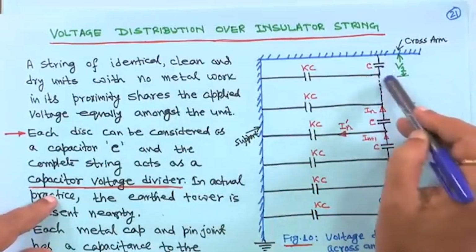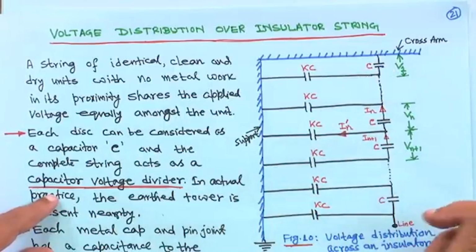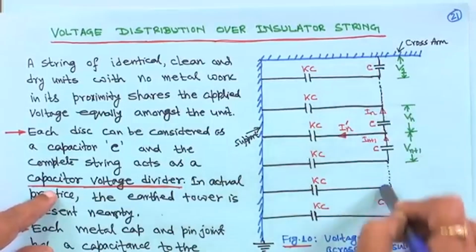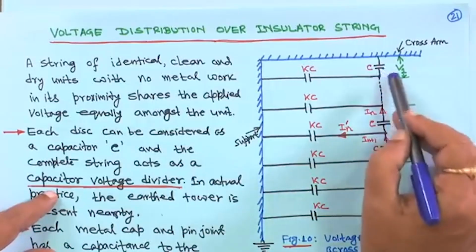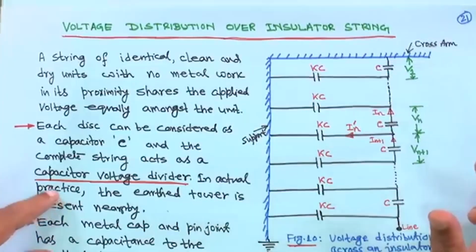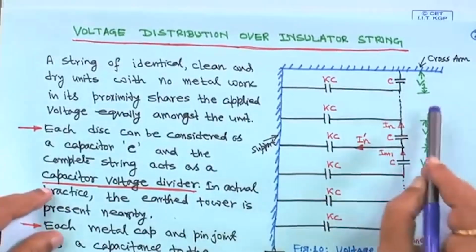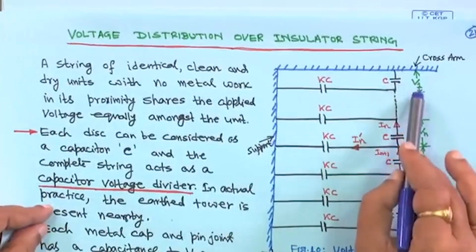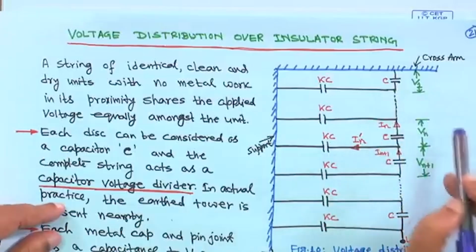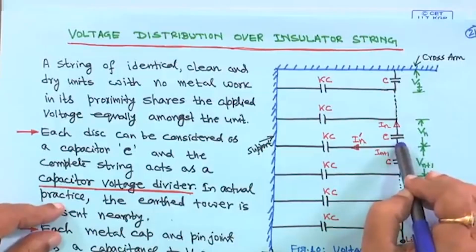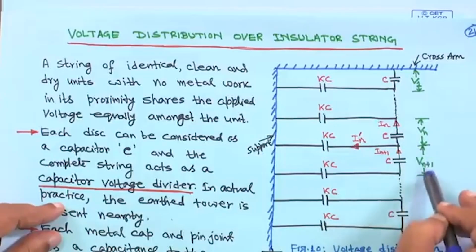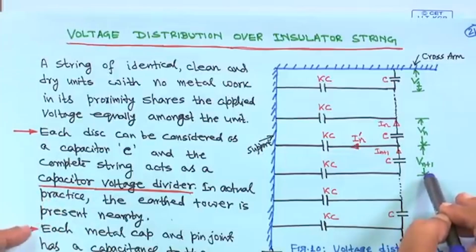Suppose you have n number of pieces in one string, each represented by equal shunt capacitance C. The voltage across the first is V1, then V2, then V3, and for the nth piece it is Vn, for the n plus 1 piece it is Vn+1.